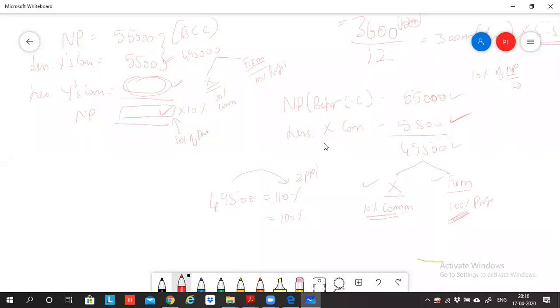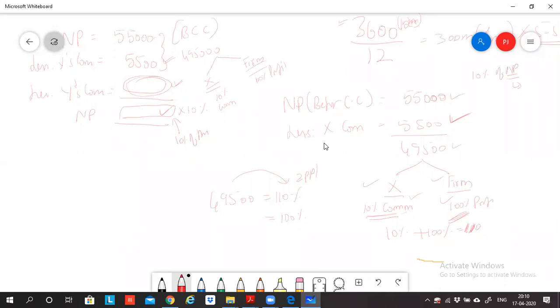So this 49,500 belongs to two people. One is 10% of X plus 100% of firm. So how much is this equal to? 110%. So how did I get 110? This 10%, which belongs as commission to X, plus 100% of firm's profit, because the profit taken by the firm is always 100%.